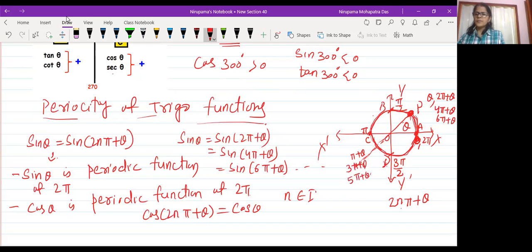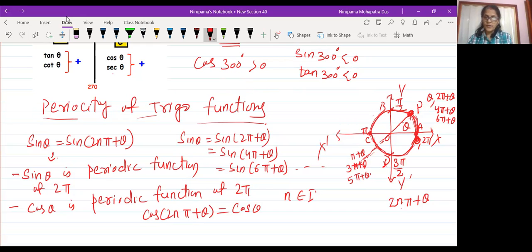So if you combine the first quadrant and third quadrant, where tan theta has the same sign, it means you see tan theta, tan of pi plus theta, tan of 2 pi plus theta, tan of 3 pi plus theta, tan of 4 pi plus theta, tan of 5 pi plus theta, and so on.